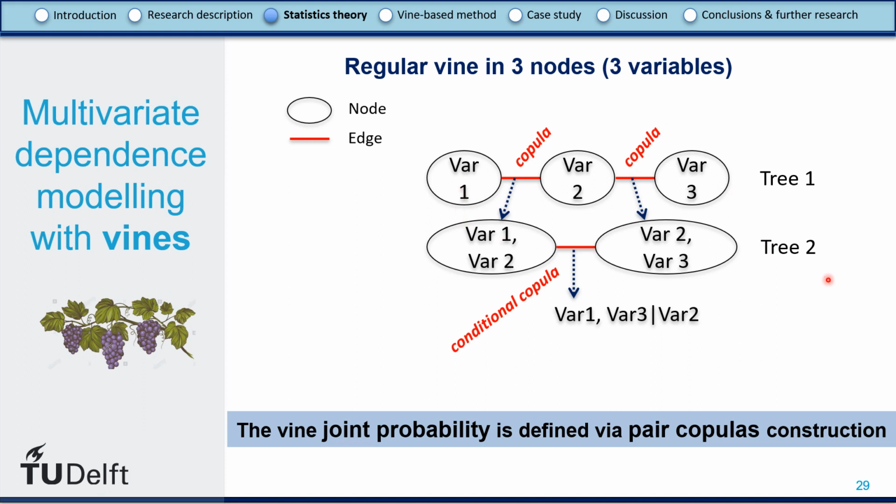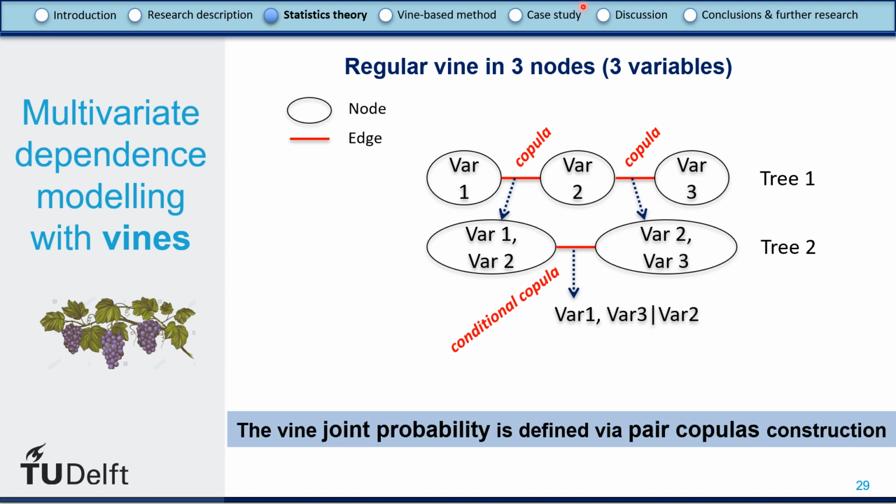These trees contain information on the dependent structure, and this information is kept on the nodes and the edges of the vine. The vine joint probability is then defined via pair copula constructions.